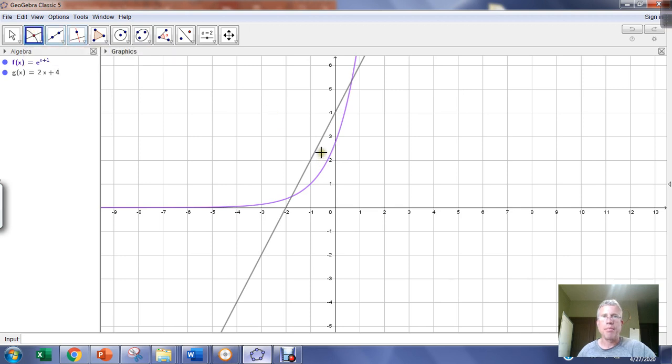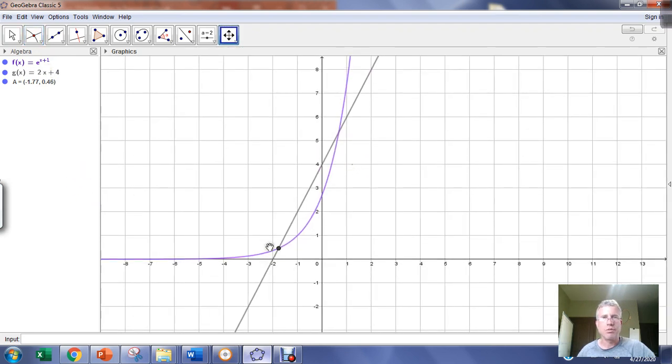You can either come into the graph window and select the equations physically, or get your intersect tool, and then come into the algebra window and just click on the two equations.